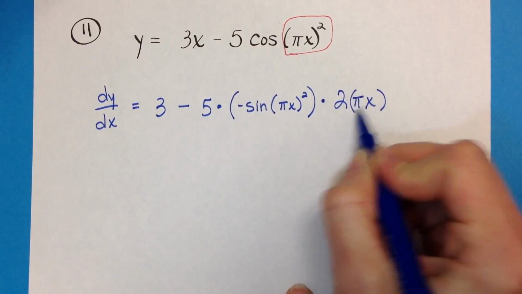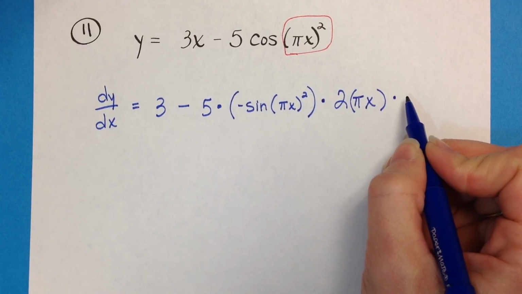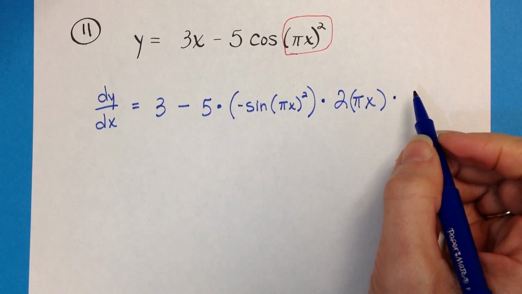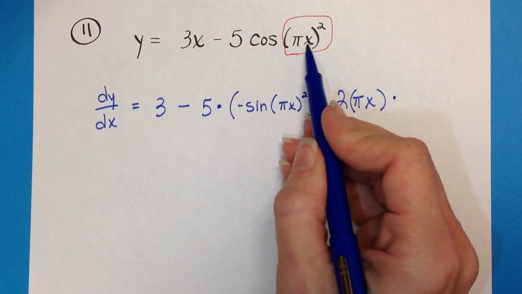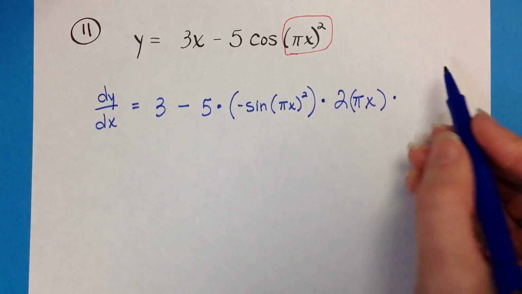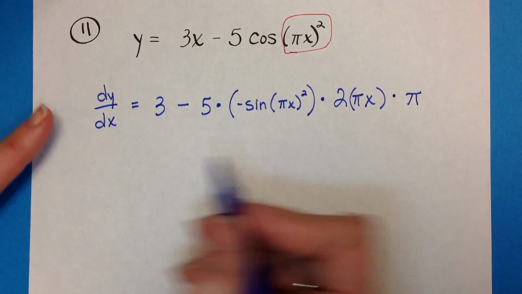And of course, that just drops to a first power. But then you have a function that's even one step further in as far as your inner function, and that's going to be the pi x. So now you have to take the derivative of pi x, which is just pi.